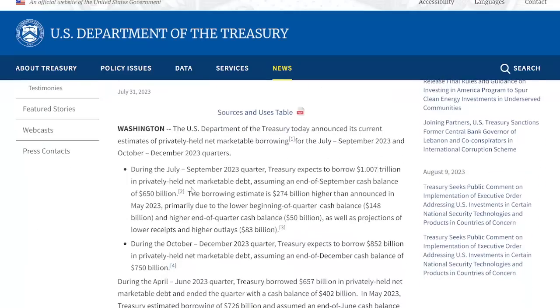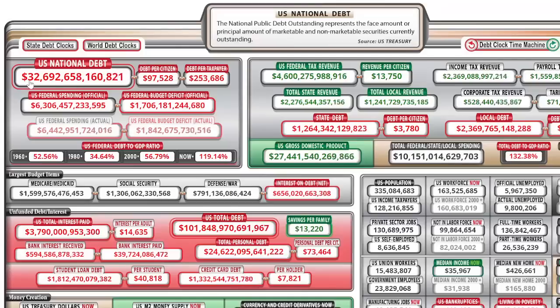We're talking in excess of $1 trillion borrowed within 5 weeks, leaving us now at the debt limit here, the national debt rising to $32.6 trillion. That is $253,686 per taxpayer. And if you divide it out per citizen, that's almost $100,000 for each citizen of the United States of America.